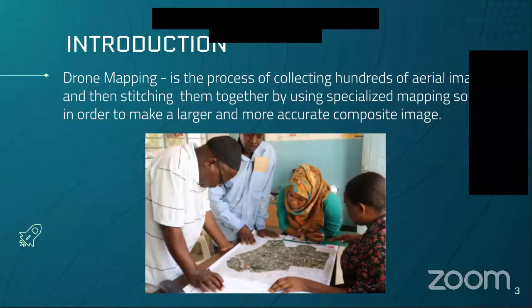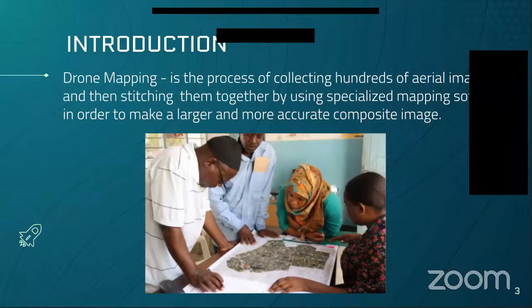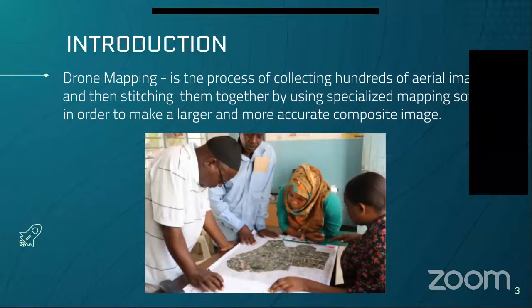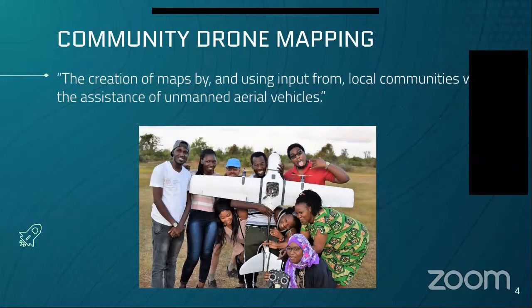Most of the time, the drone activities we normally do are survey or mapping activities, in other words, the process of collecting aerial images. If we are doing community mapping without a drone, we use devices like smartphones, tablets, and other equipment that can aid in collecting information.